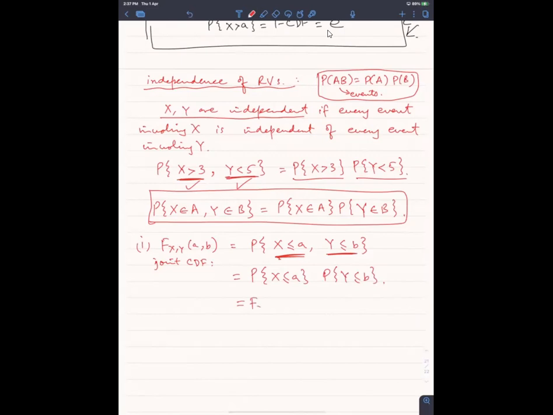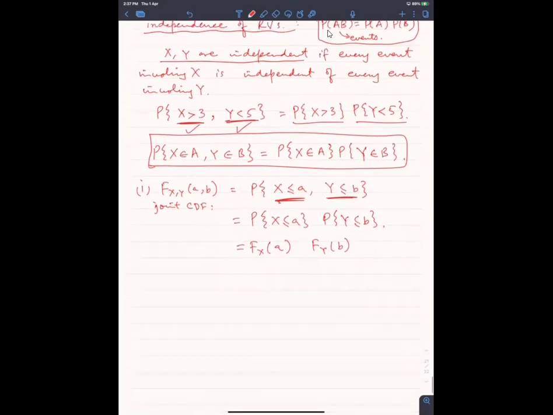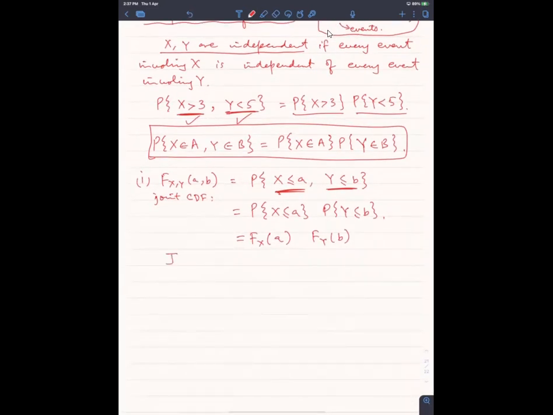So this is F_X evaluated at a, F_Y evaluated at b. This means that the joint CDF is equal to the product of the marginal or individual CDFs.